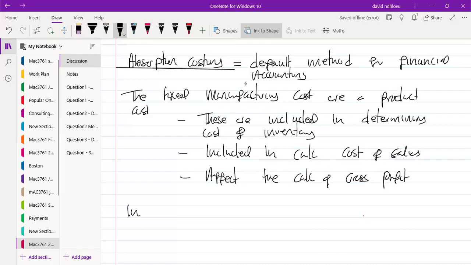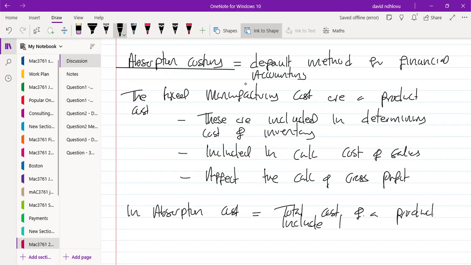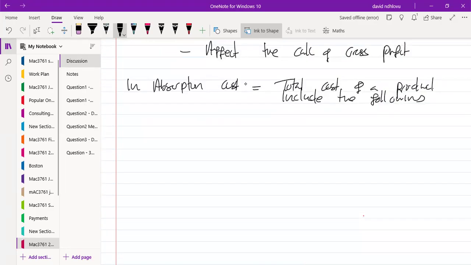So in absorption costing, good people, the total cost of a product includes the following. Remember, when you talk about the product cost, it must take into account all the costs incurred in production.